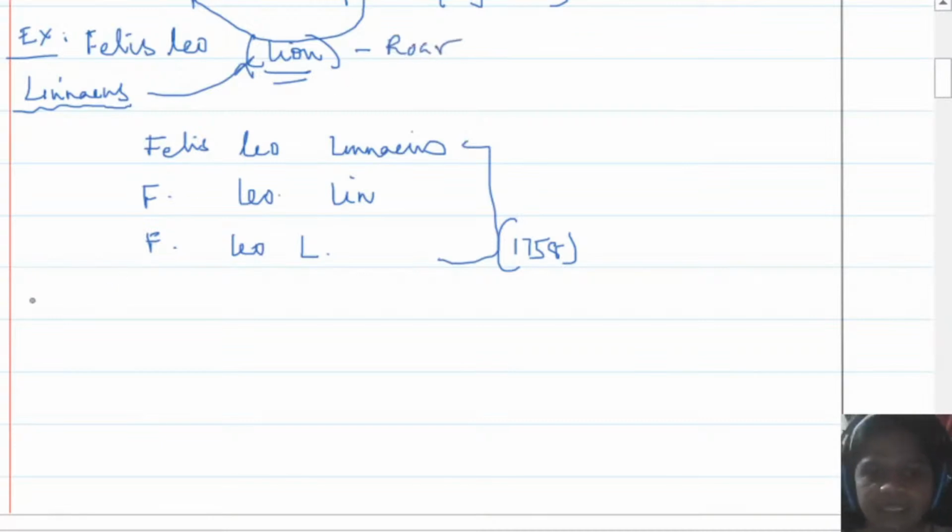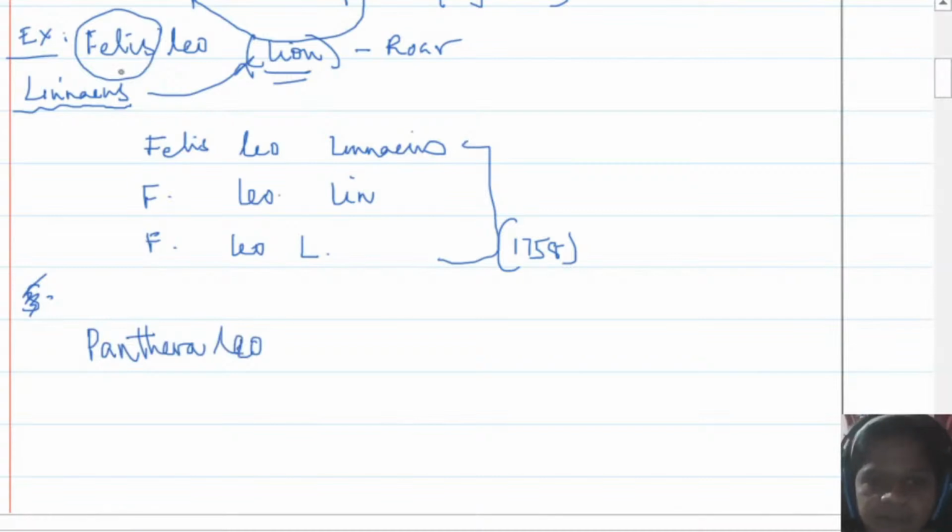So then came another scientist who said, no, we are not going to put lion in the Felis genus, we're going to move it. So then he renamed it to Panthera leo. See here, before it was Felis, but now it is Panthera leo. Why? Because they grouped all the organisms that can roar because of the ossified hyoid bone in the larynx. So it is termed as Panthera leo.